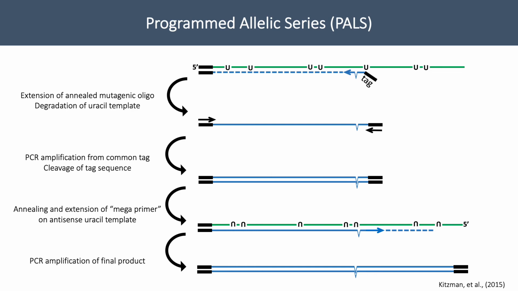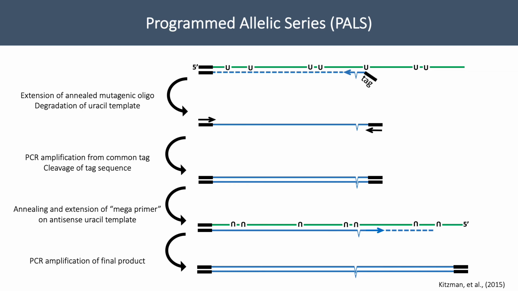This oligo is extended by DNA polymerase, and then the uracilated template is removed using UDG and exonuclease. So the tag that was introduced on the oligo is then used to prime PCR amplification of the newly created strands. The tag is then cleaved using a type 2 restriction site.